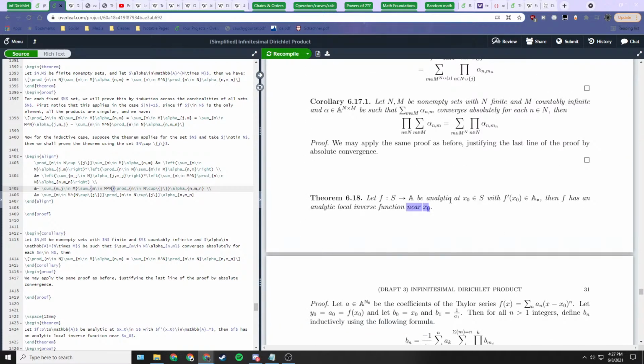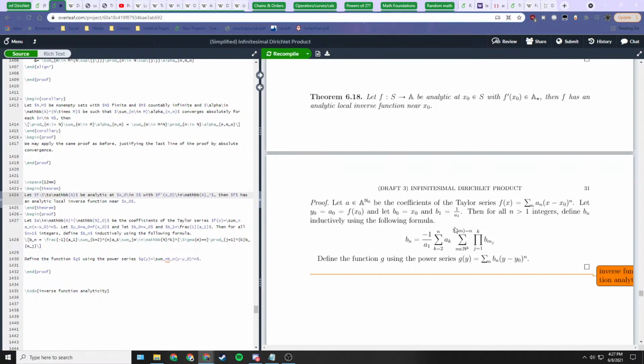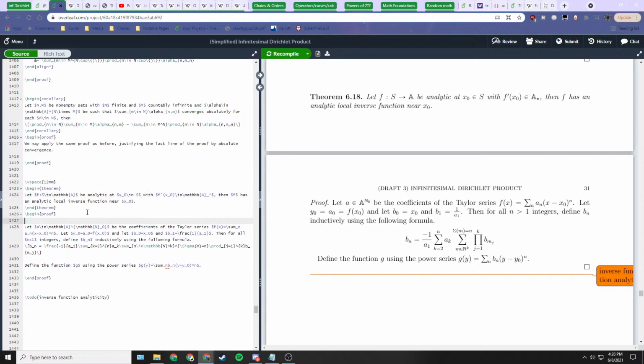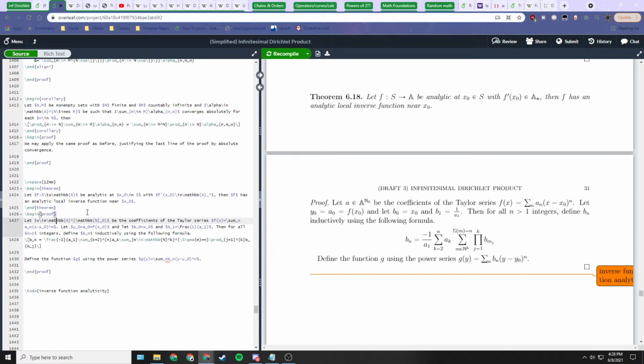Okay, so using these, we can justify where this whole nasty expression comes from. We'll say let A be the coefficients of the Taylor series for f(x), and y0. Then let y0 be these, and so on.